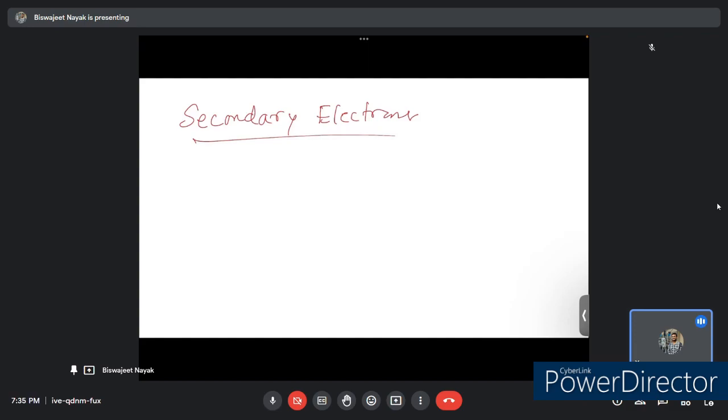I will only talk about one of the detectors, and that is the Everhart Thornley detector. They are also called secondary electron detectors.